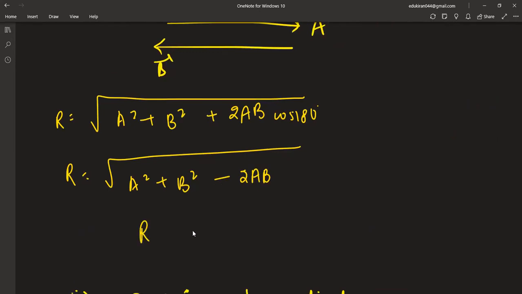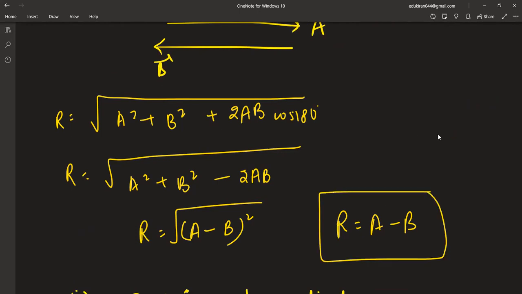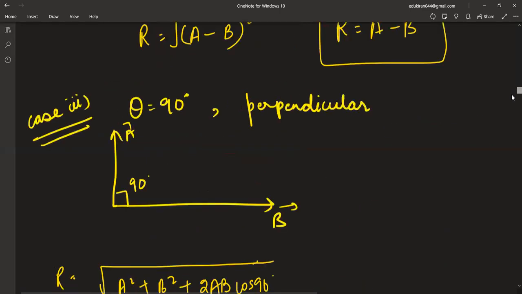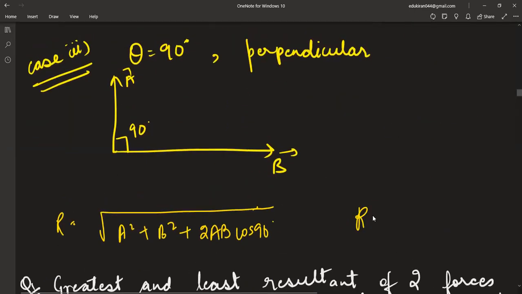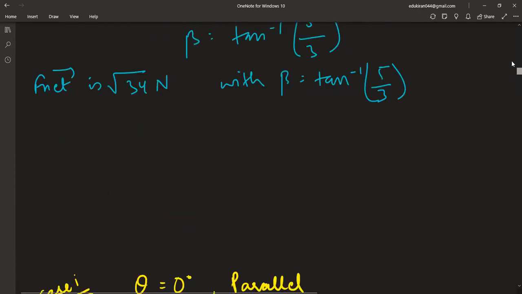So this identity now becomes a minus b whole square under root. That is equal to a minus b. That's why whenever two vectors were in opposite direction, we always subtracted them. This is the reason. And if they are perpendicular, it will be under root a square plus b square. The similar question which we have done. Note down this part with this question.